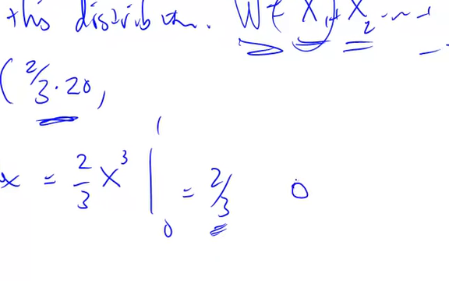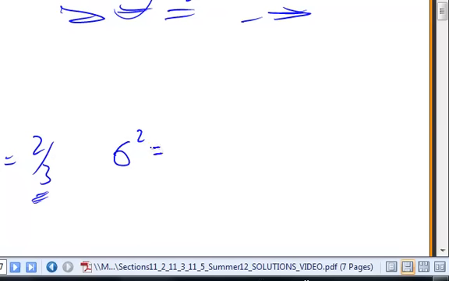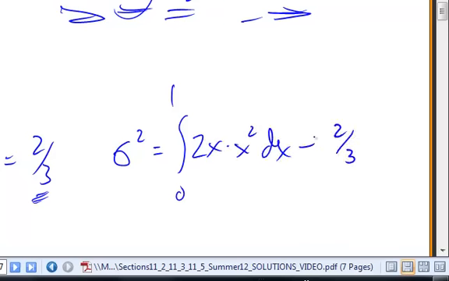And the variance should be, well, first I have to find the variance of one of them. This is going to be the integral from 0 to 1 of 2x times x squared dx minus 2/3 squared. Can I go over to Maple? This is getting too long.